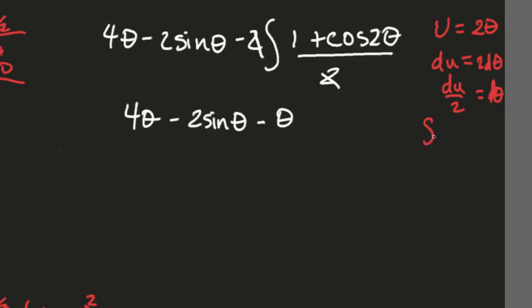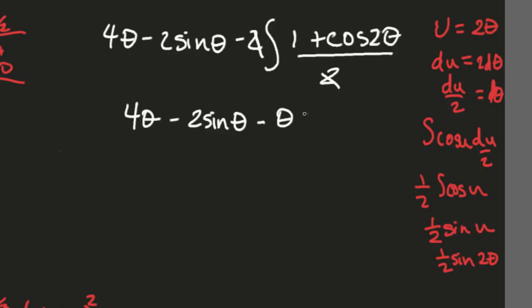So if you did the integral of cosine of u, and then you get du over 2, you can see that 1/2 would come out. And what's the integral of cosine? And then you plug back in what your u equaled. So that goes in there. And why is it minus? Because of this minus sign right here in front being distributed.